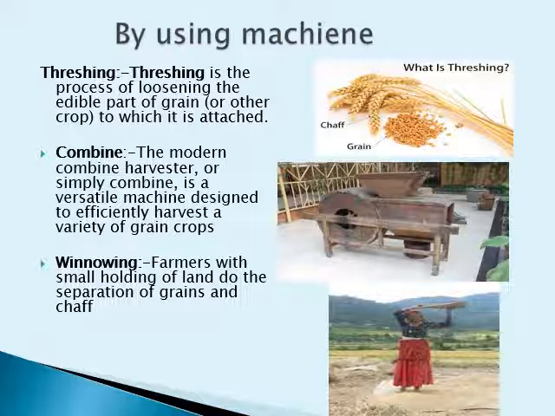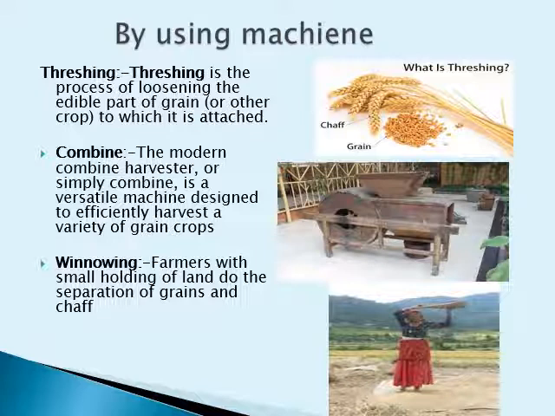Hand threshing is a very laborious process. So nowadays machines are being used which are called as combine, which is a combine harvester as well as thresher.